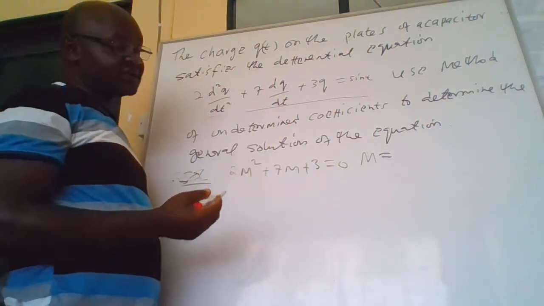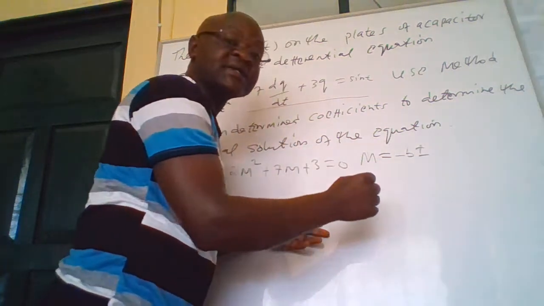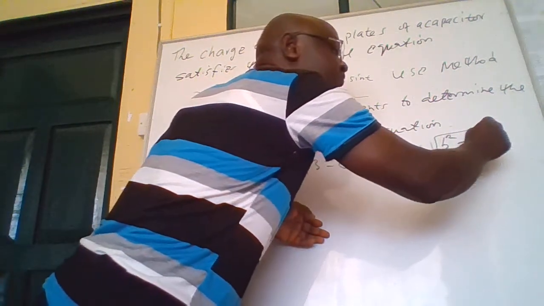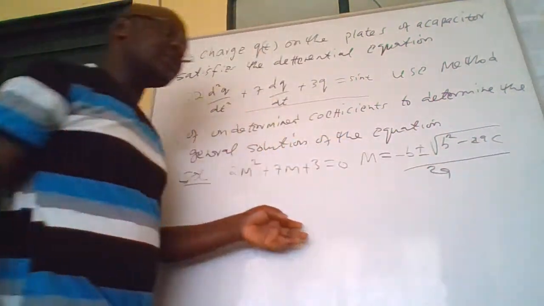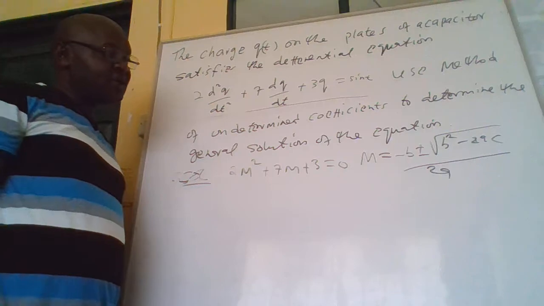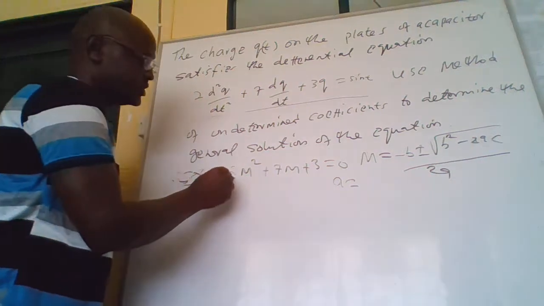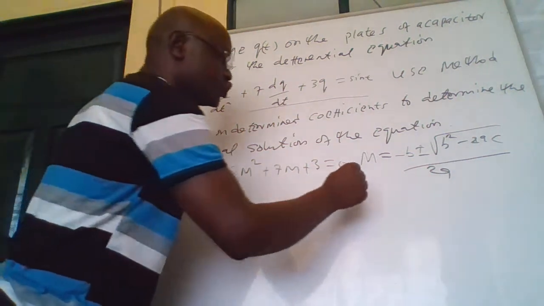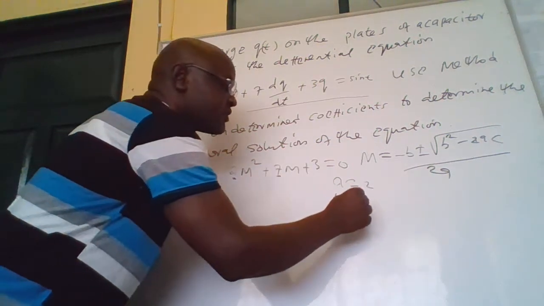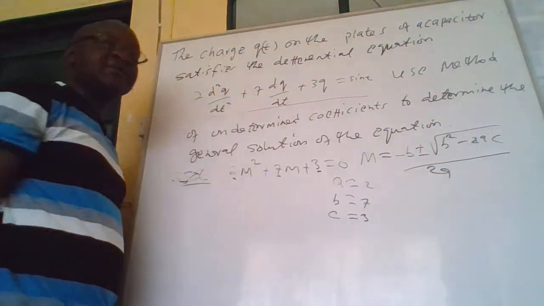The quadratic formula is given by m = (-b ± √(b² - 4ac)) / 2a. From this equation, a = 2, b = 7, and c = 3.